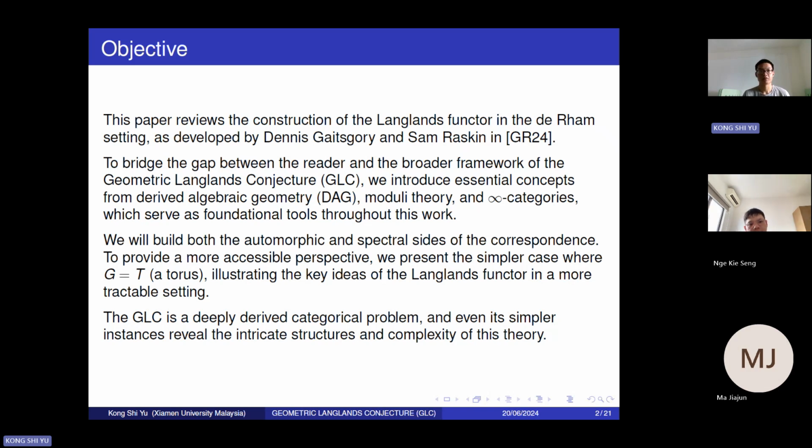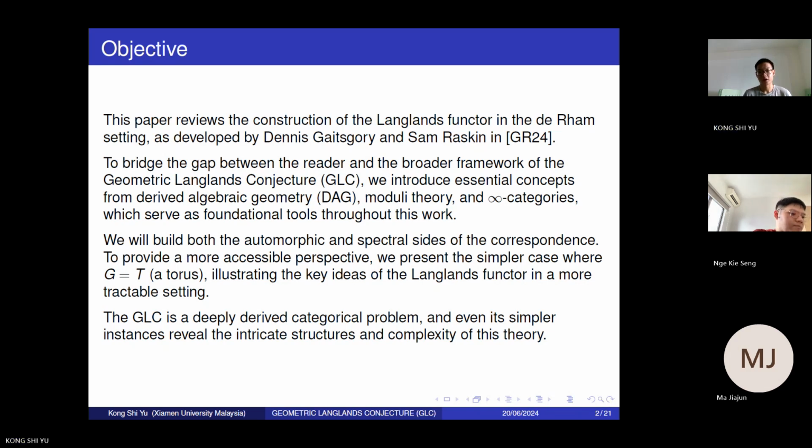Of course, there are many technicalities in this topic, so I may be wrong in what I share later. I will skip some of the technicalities, but the main goal is to bridge the gap between the reader and the broader framework of the geometric Langlands conjecture, and introduce some essential concepts used by the frontiers in algebraic geometry.